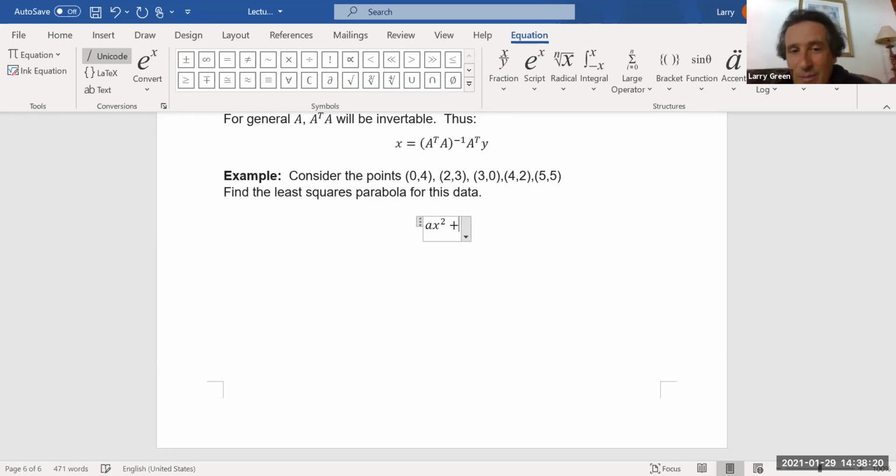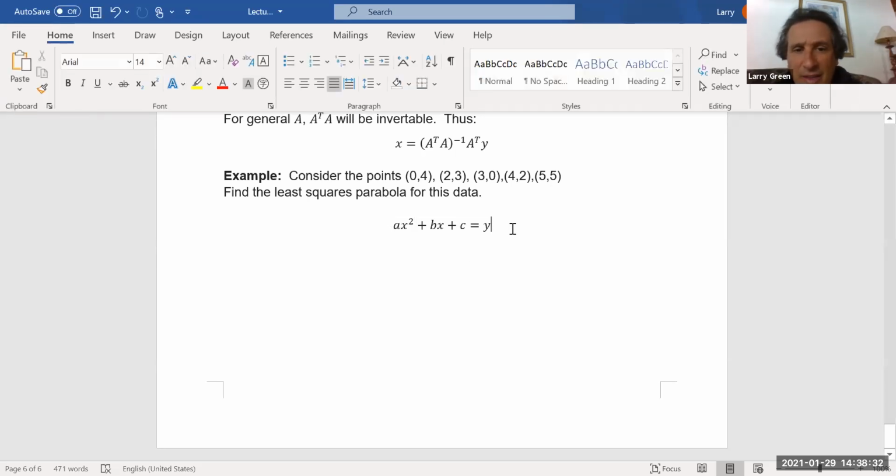AX squared plus BX plus C equals Y. Any questions on that? Then what we did is we just plugged them in. So if X is 0, you're supposed to get 4, so that would mean C equals 4.